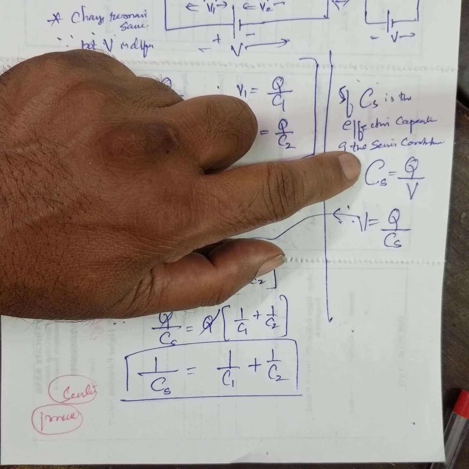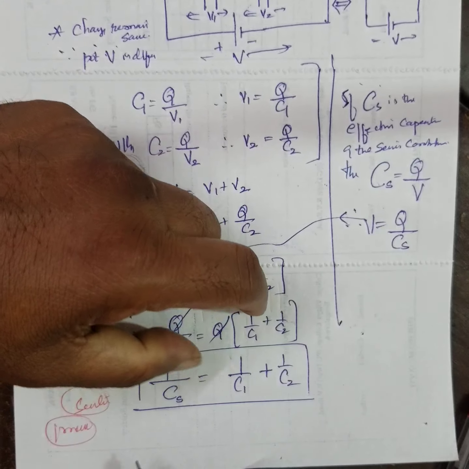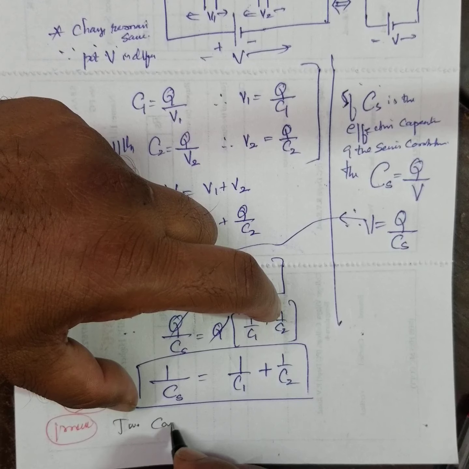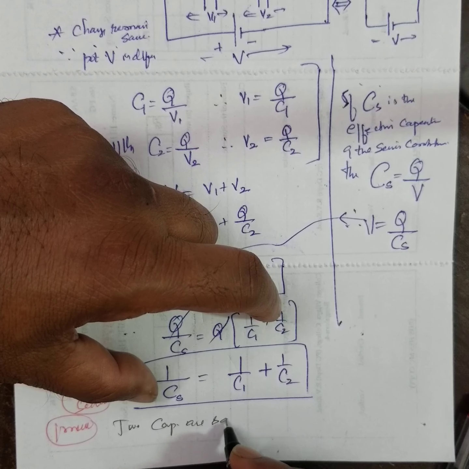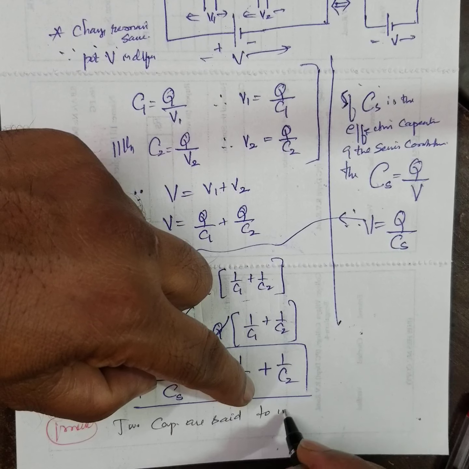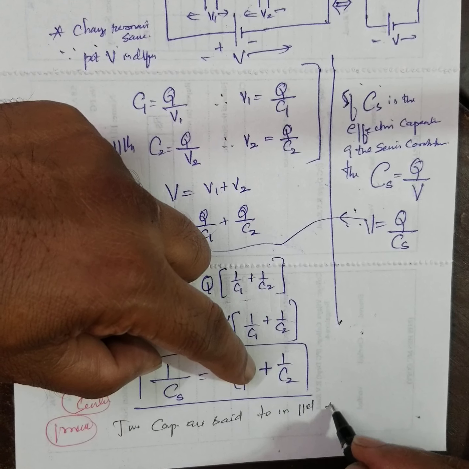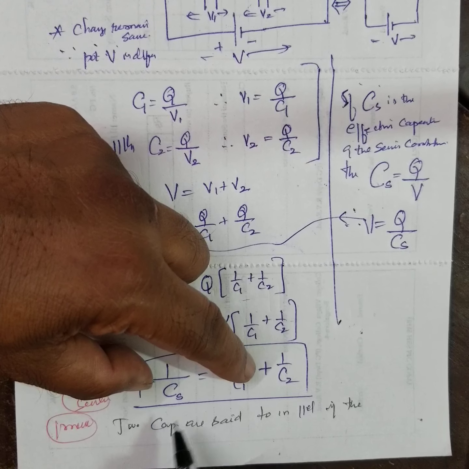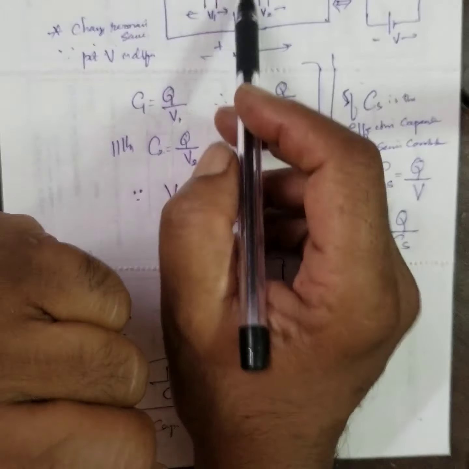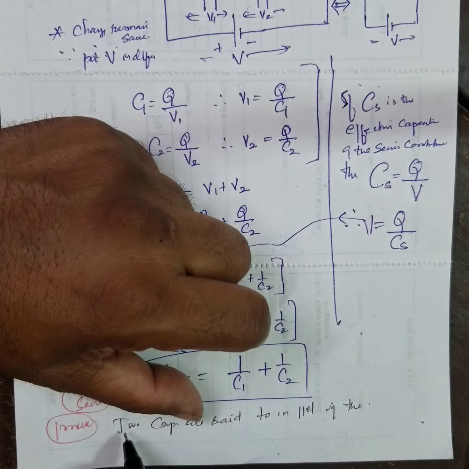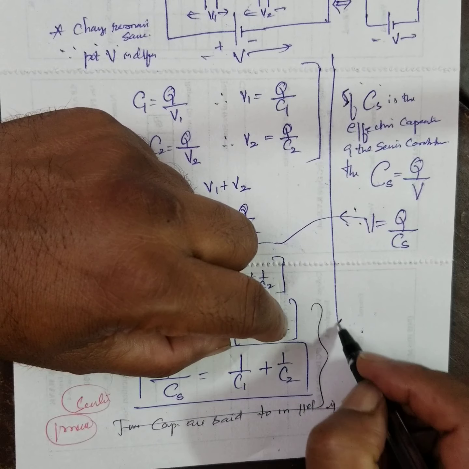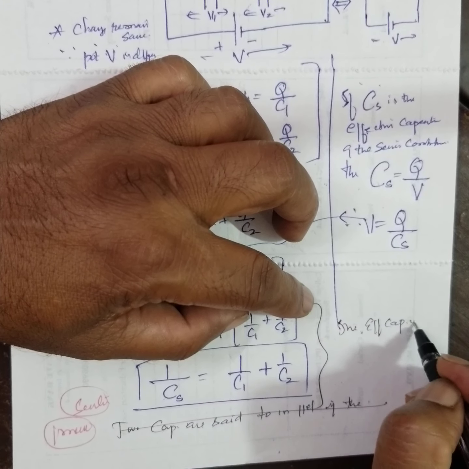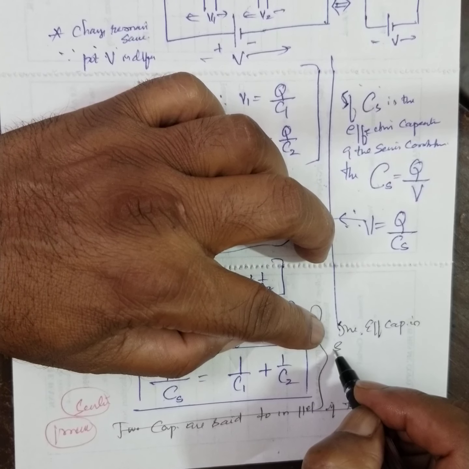The two capacitors are said to be in series if they are connected end to end, and you can write this is the effective capacitance in series.